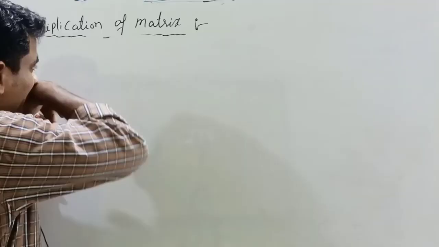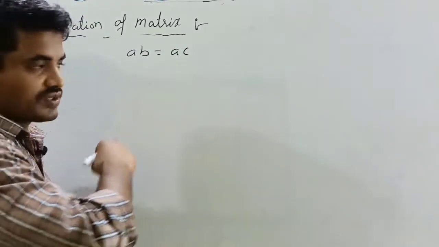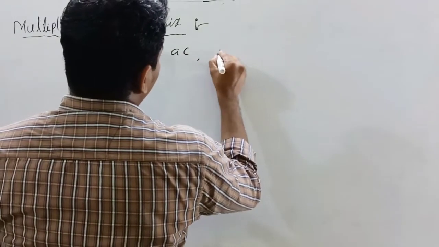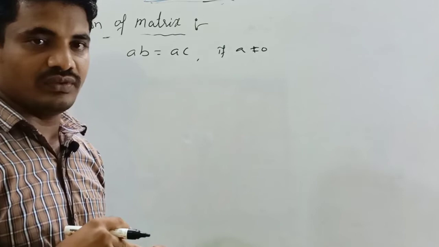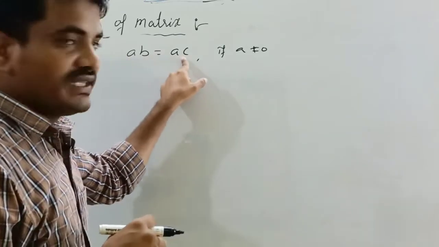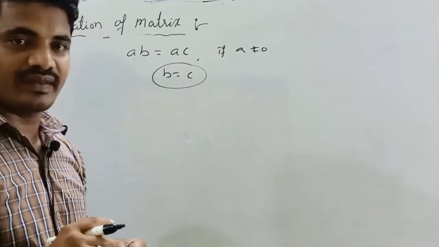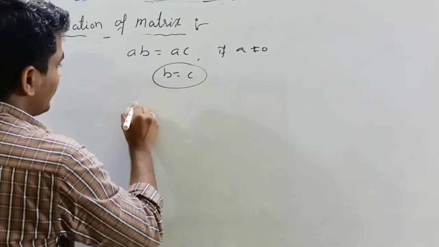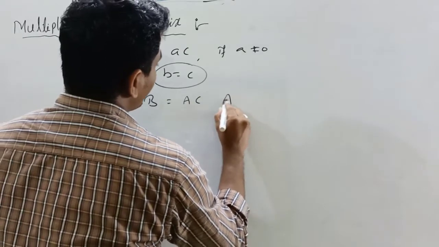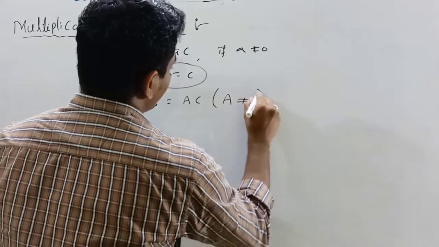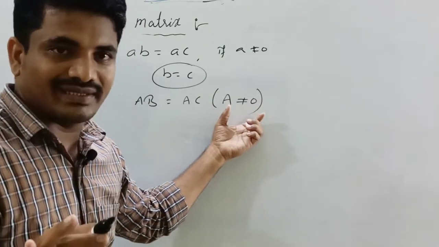And next point: we know in algebra, AB equals AC, if A is not equal to 0, means B equals C. But in matrices, AB equals AC and A is not an empty matrix, not a null matrix.